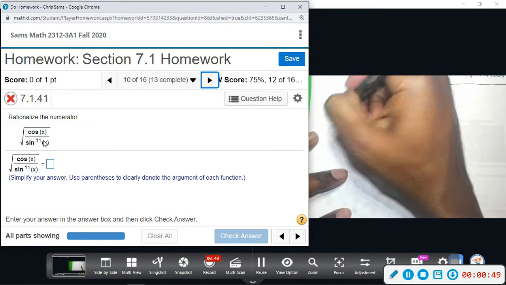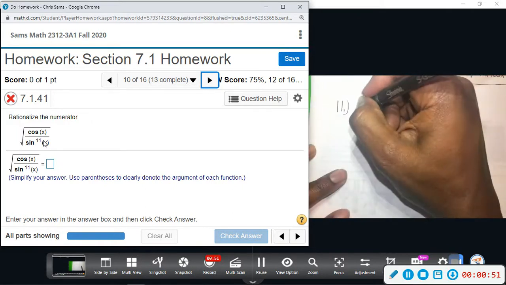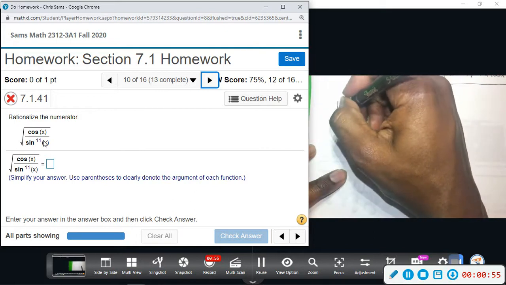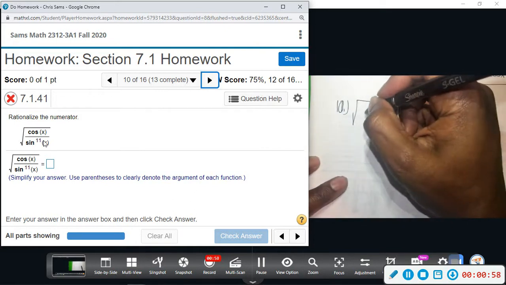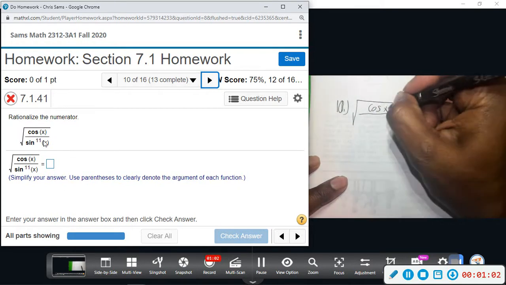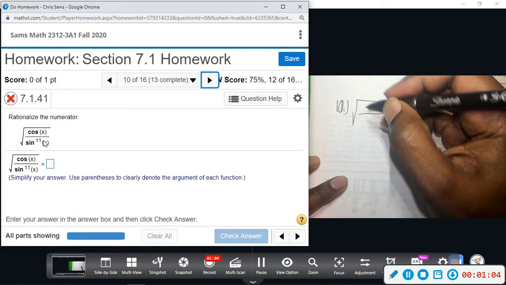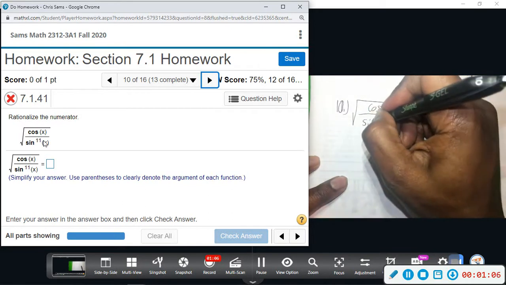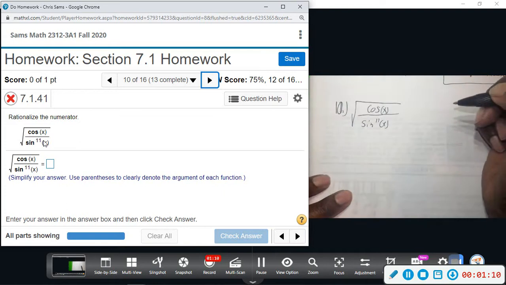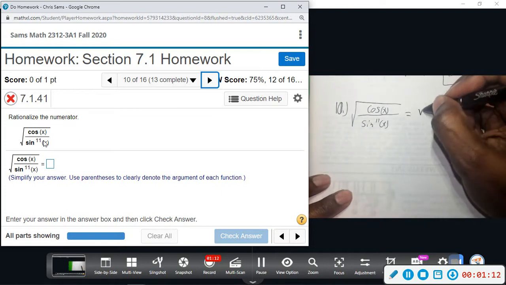Okay. So in this case we have a big square root, and this is number 10, not number 11. We have big square root, and then we have cosine of x divided by sine to the 11th power of x. And I will rewrite these guys with their own square roots.